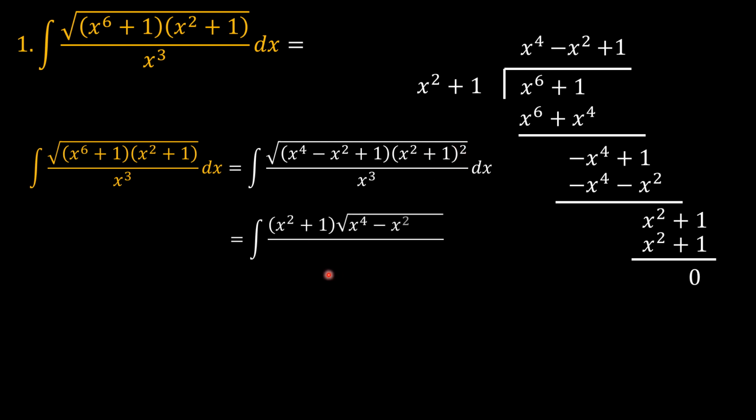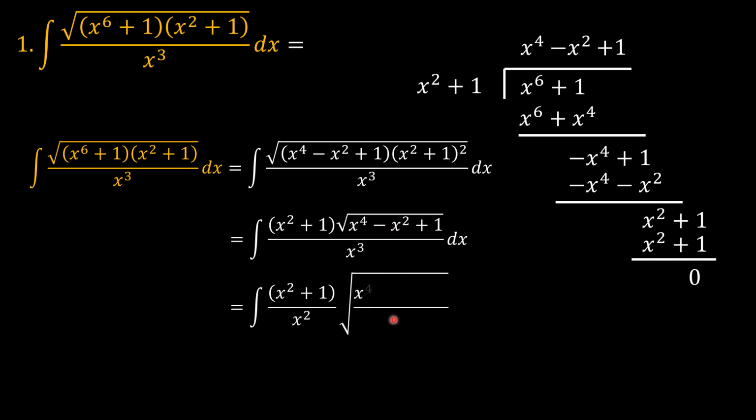The next thing we would want to do is separate x cubed into x squared times x, so that when that x goes under the square root sign, it becomes x squared. So as you can see, we have x squared here, which when it goes out becomes x.